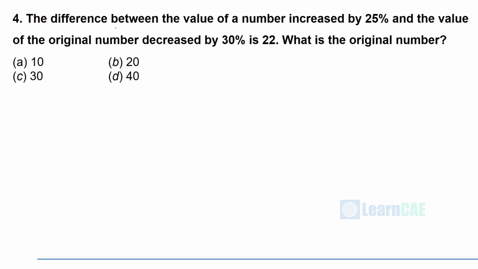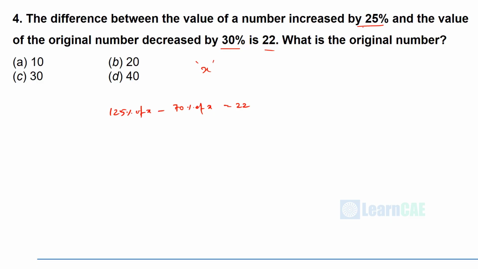Next question. The difference between the value of a number increased by 25% and the value of the number decreased by 30% is 22. What is the original number? Let the original number be x. Okay. So the difference between value of a number increased by 25% means it is 125% of x, and it is subtracted from decreased by 30%, that is 70% of x is equal to 22.